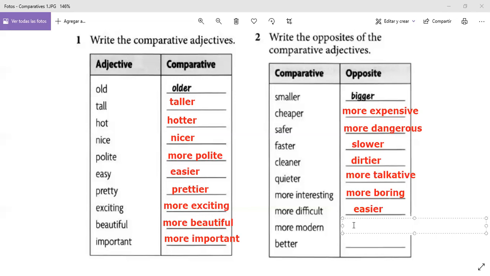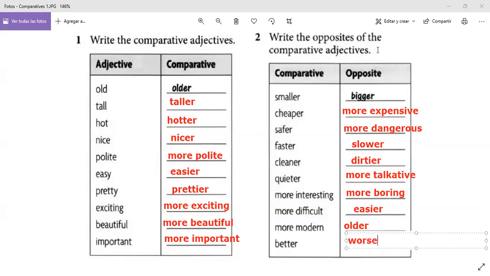Older. And what about better? Worse. It is worse. Good job.